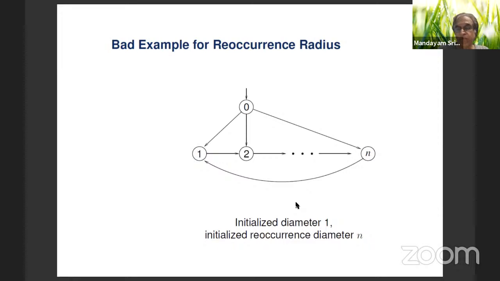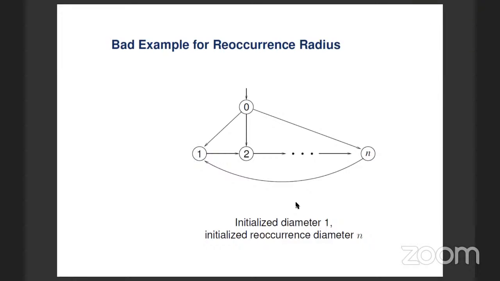Why is it so? I introduced the reoccurrence diameter as a looser bound for the diameter, and I'm asking you, why is it so?